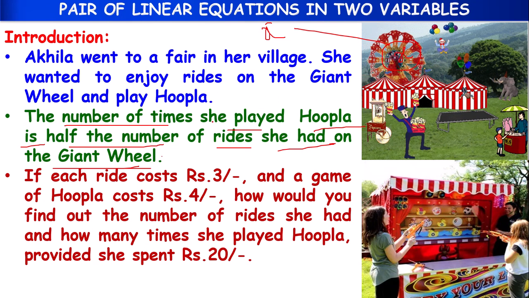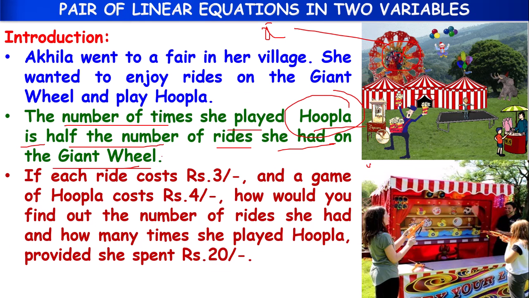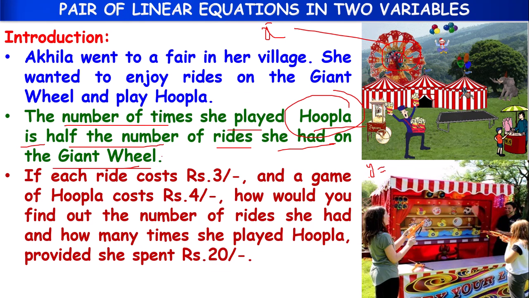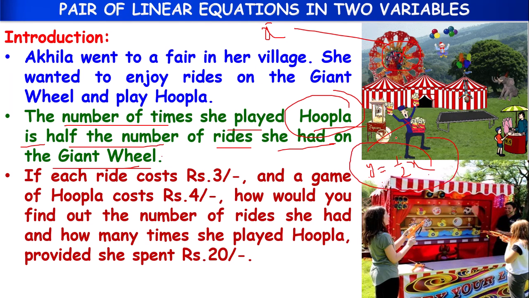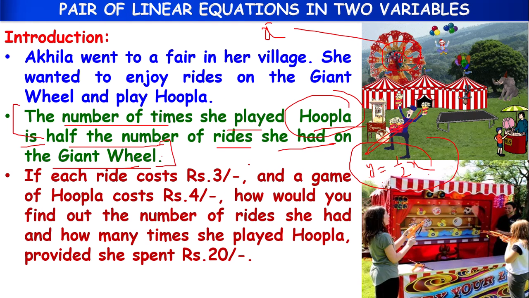Then the number of times she played hoopla is half the number of rides on the giant wheel. Means if the number of times played hoopla is Y, then Y equal to half of X. So this is the first hint given.